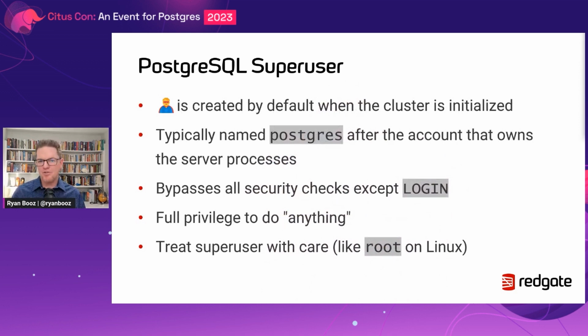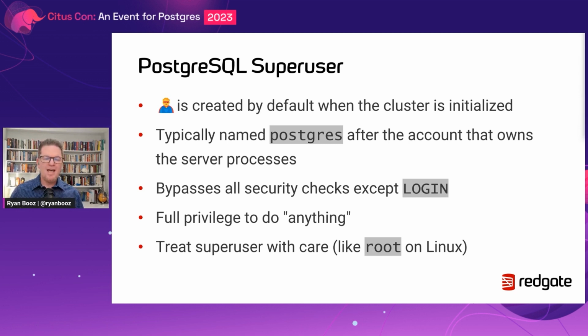The name of that user is the name of whoever owns the running Postgres process, which is what will be created as the user. So typically it's Postgres. And then that user has to have a database to connect to, and that's usually the Postgres database. So it can be changed. It's kind of a little bit difficult and not often recommended to do so, but just to recognize that that's how it works.